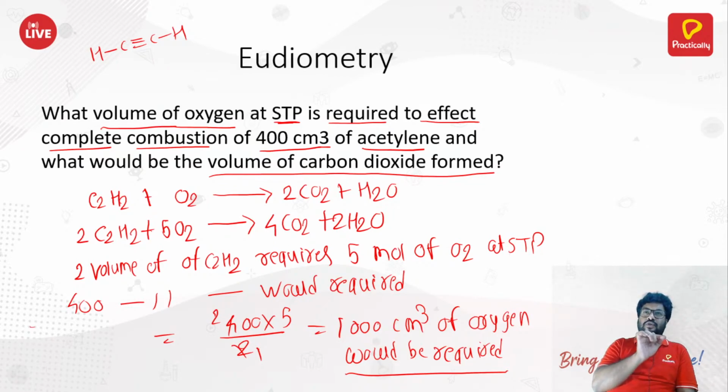The ratio is 2.5. So the amount of oxygen required is always 2.5 times the volume of acetylene. So if you have 400 volumes of acetylene, 400 into 2.5 becomes how much? You can always solve it that way also.